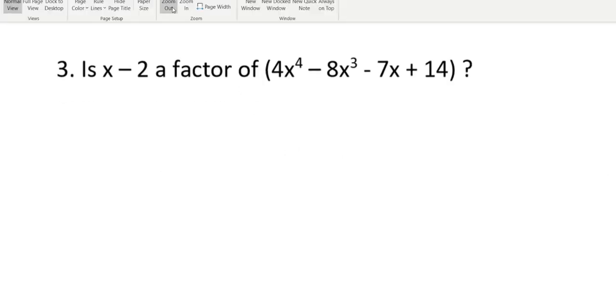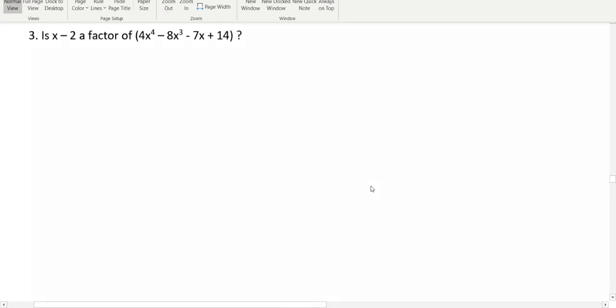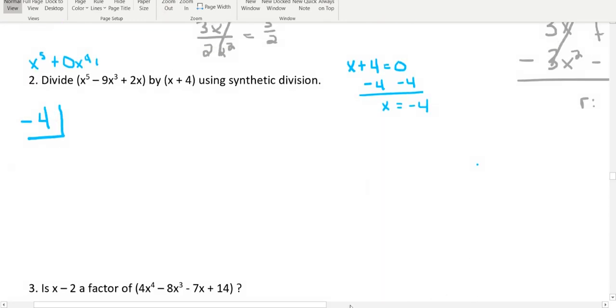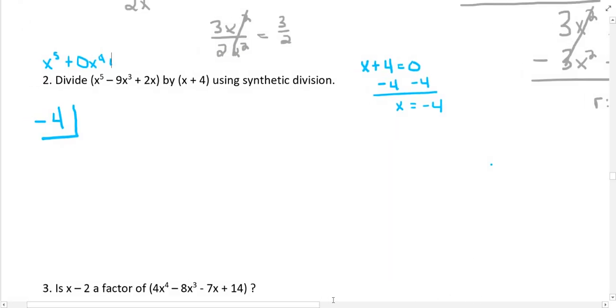Sorry about that. There we go. Okay. So we have 0, x to the 4th, then minus 9x cubed. Then we are missing an x squared, so plus 0, x squared, plus 2x, and then we're missing a constant, so we got to put that 0 for the constant.